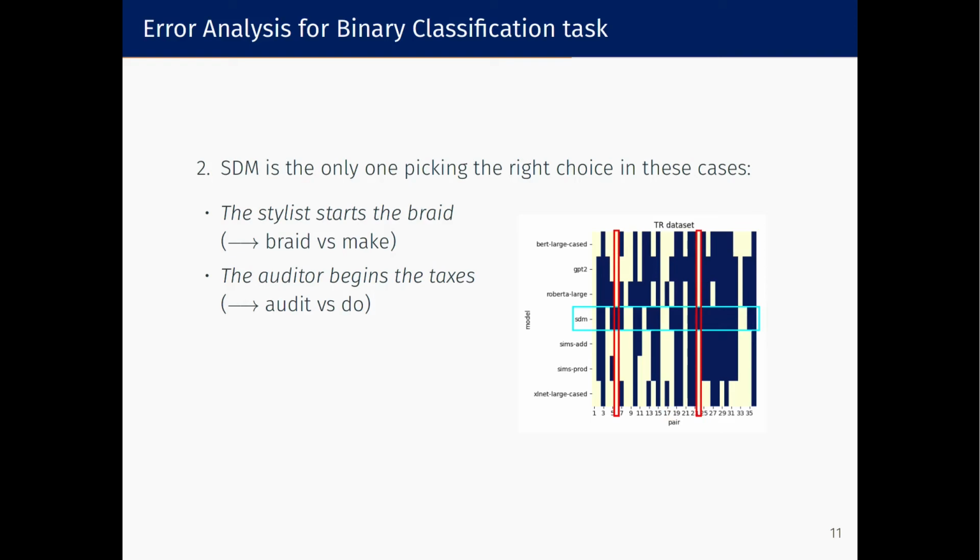It is possible to affirm, given this result, that all models regularly tend to prefer a verb with a more generic and undetermined meaning, that are make and do respectively, while only SDM correctly assigns the atypical class to the verb that indicates more precisely the manner of the action, braid and audit respectively.